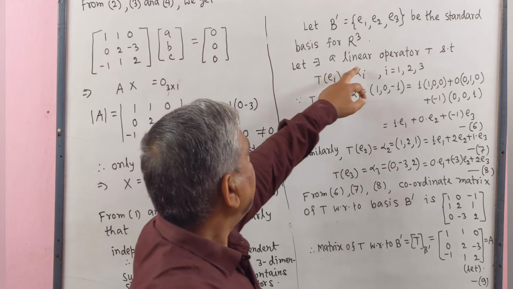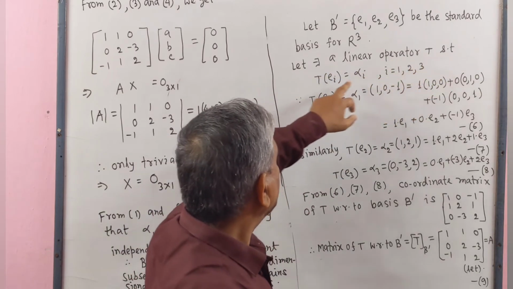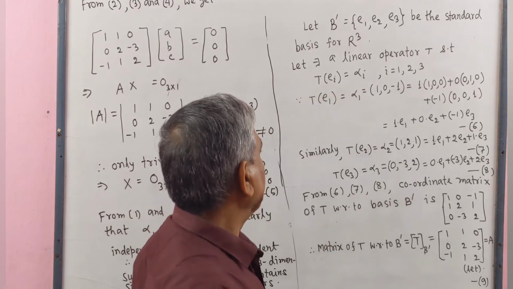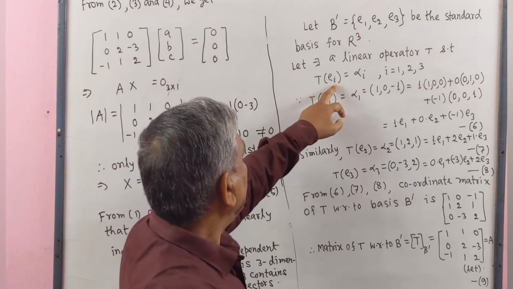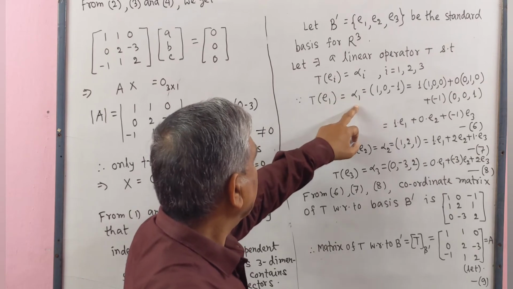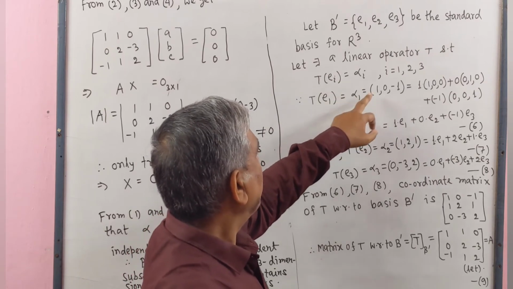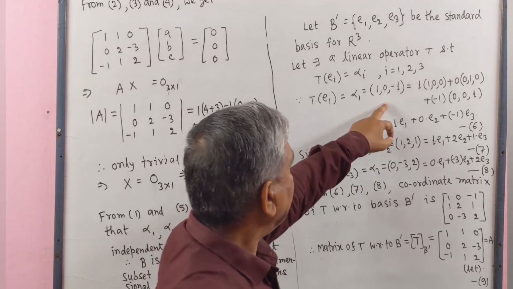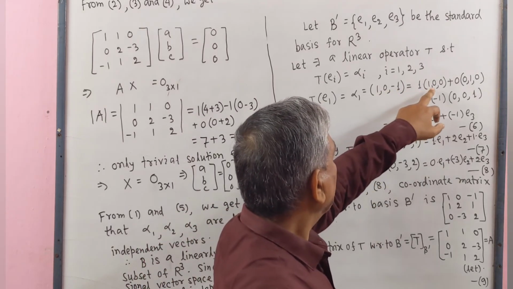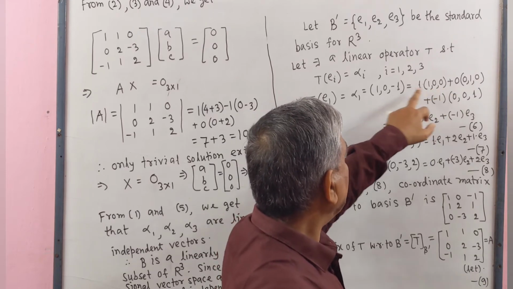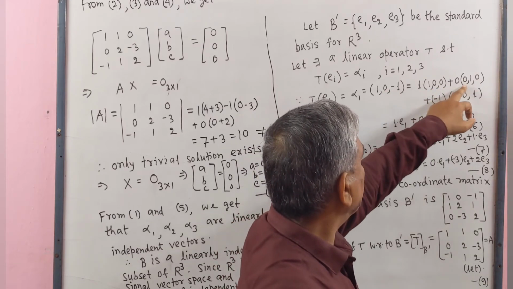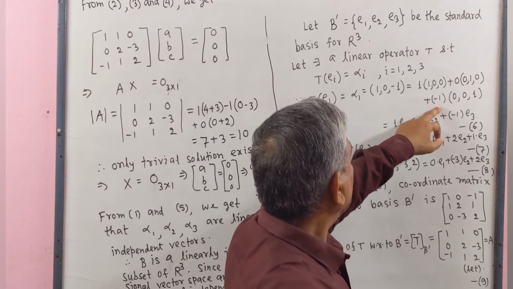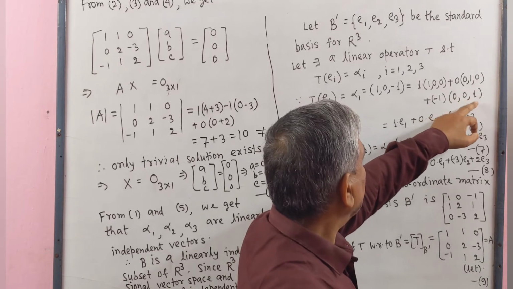Let there exist a linear operator T such that T Ei equal to alpha i. Therefore, T E1 equal to alpha 1. Since alpha 1 equal to (1, 0, -1), we may write this as 1 times (1, 0, 0) plus 0 times (0, 1, 0) plus minus 1 times (0, 0, 1).